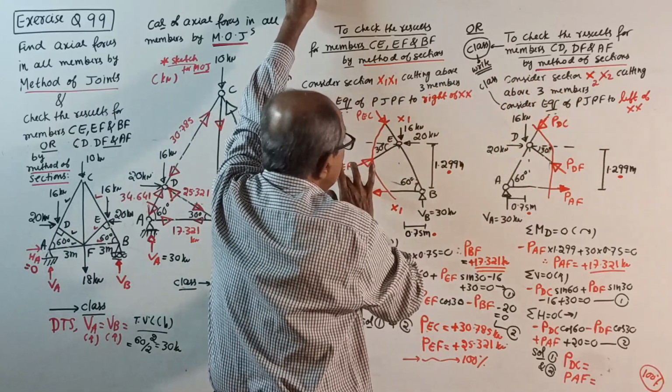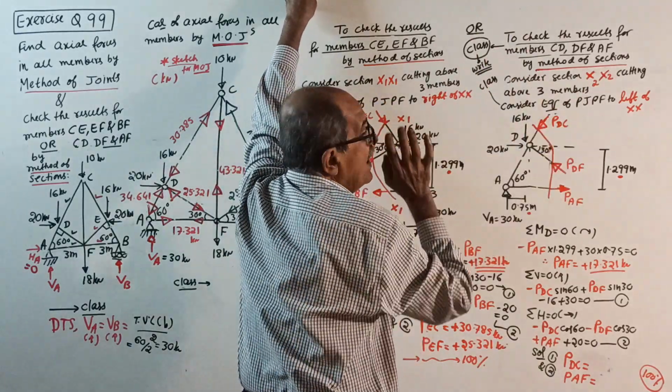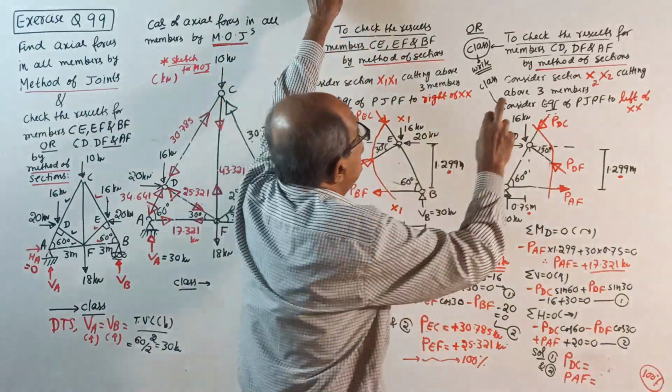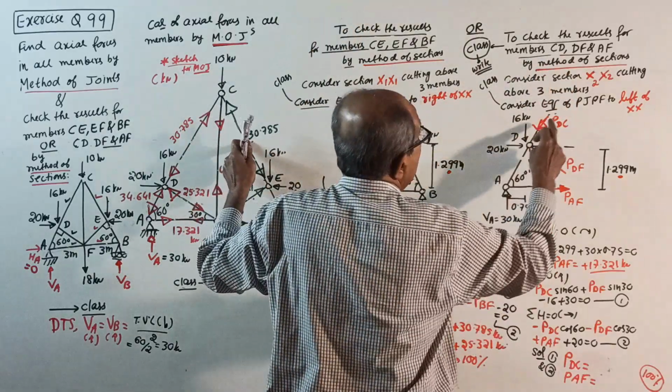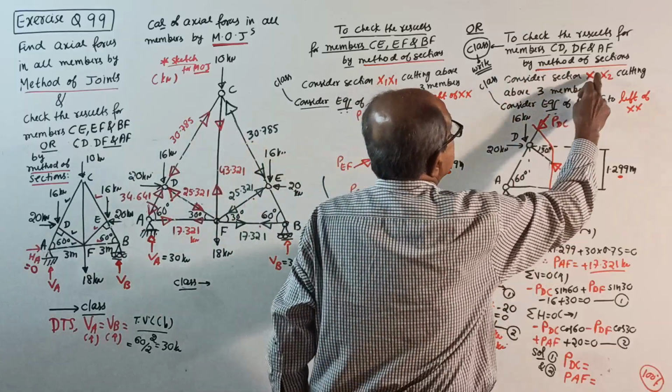If this is done, that is not required, or if that is done, this is not required. But when you practice, do both of them. Or for member CD, which one? CD, DF and BF.